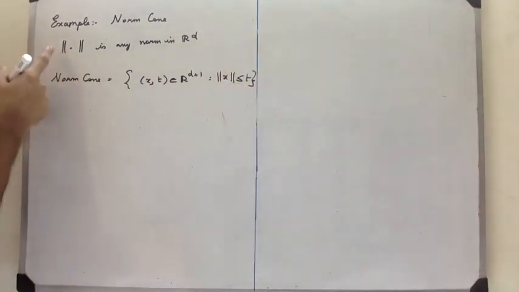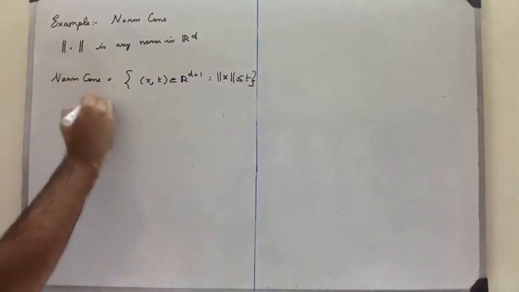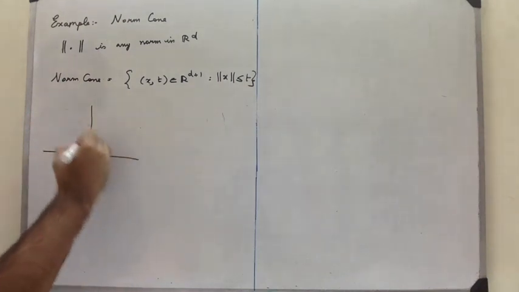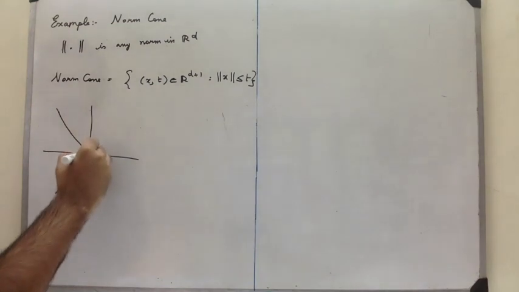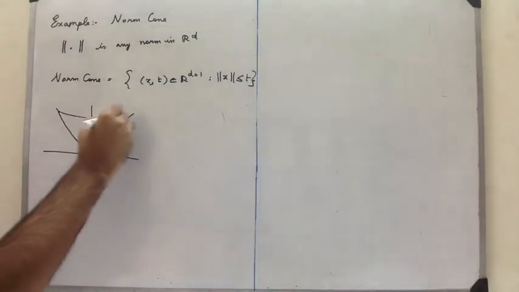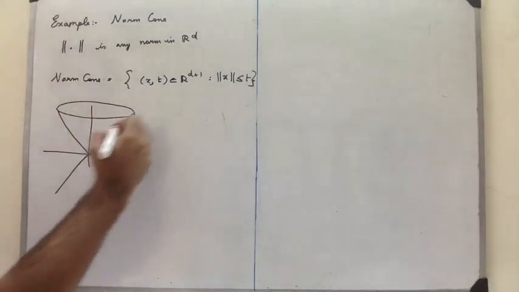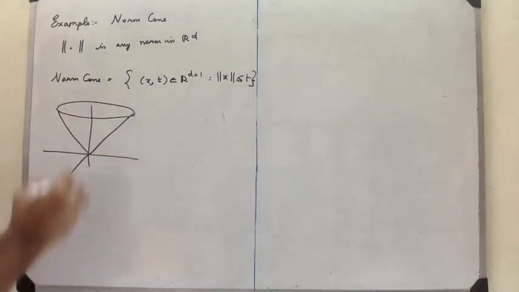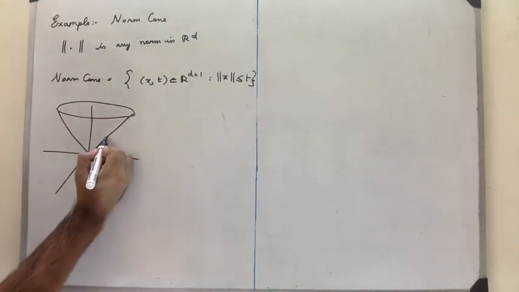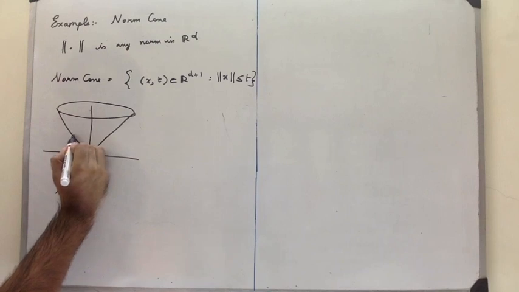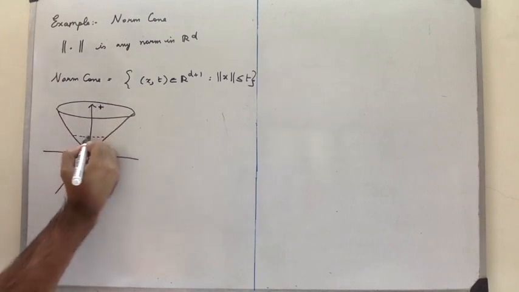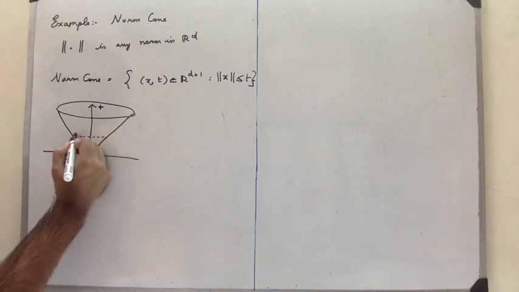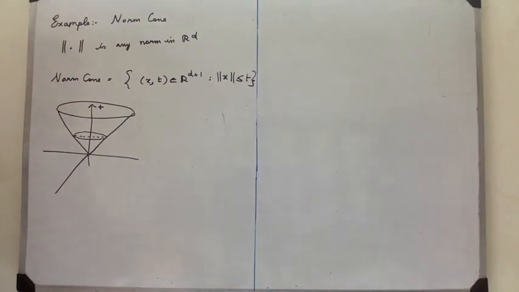For example, if this was the standard Euclidean norm, then you would have the standard cone which you imagine in R^3. This is the t axis. So at each t equal to t naught, this cross section will be a circle of radius t naught.